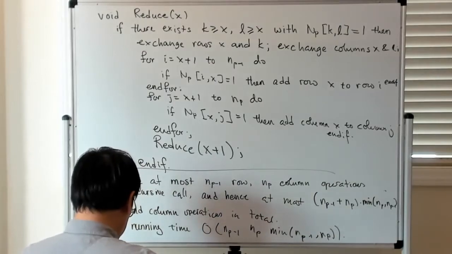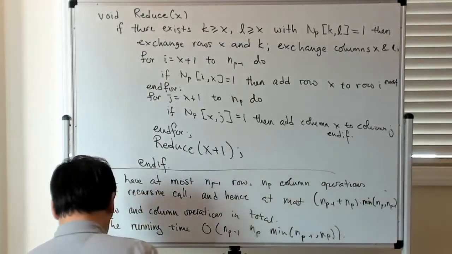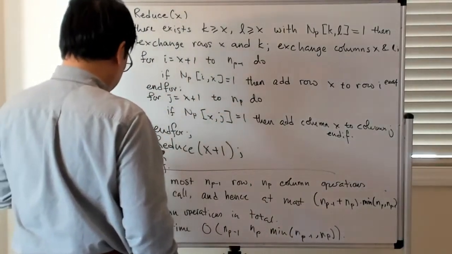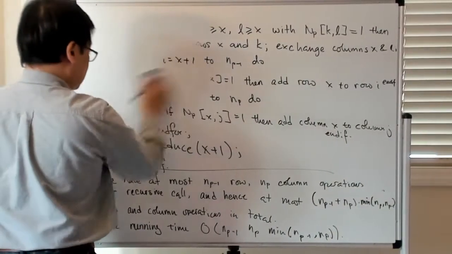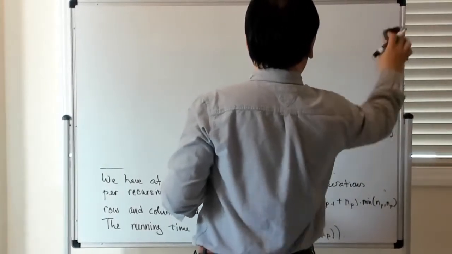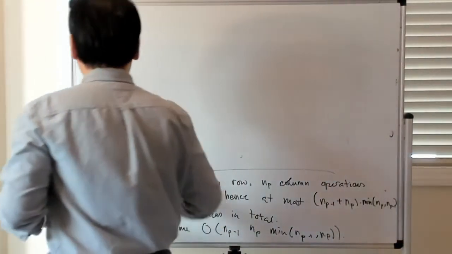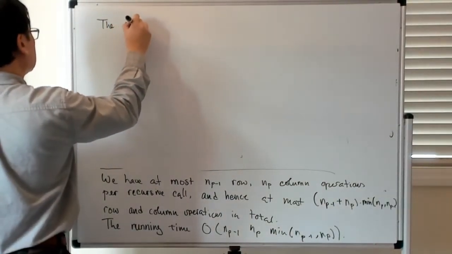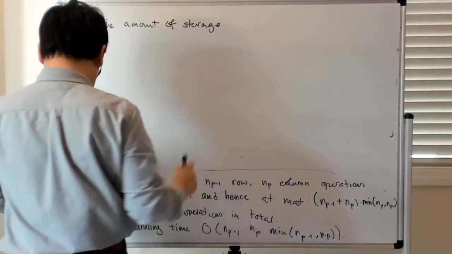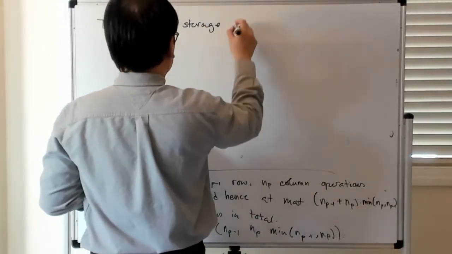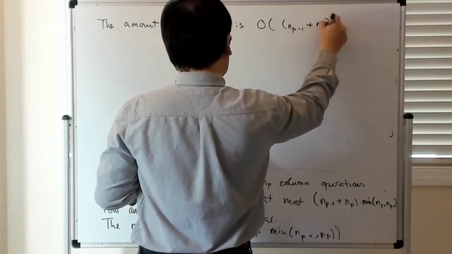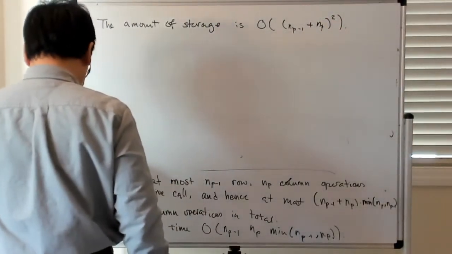And then the amount of memory you have to work with is about n_{p-1} plus n_p squared, to store the matrices.